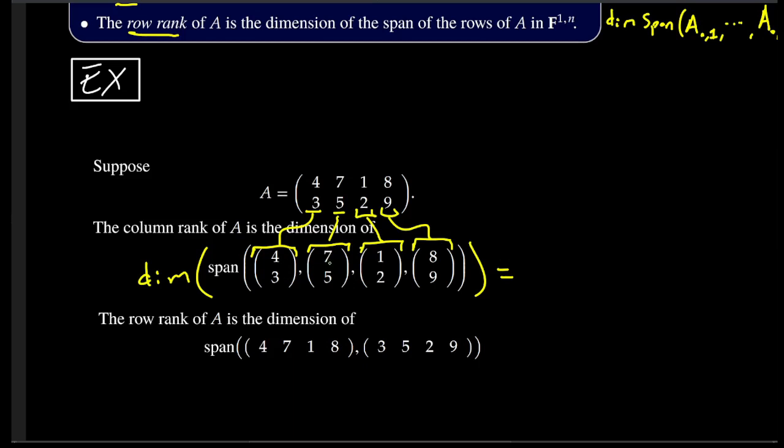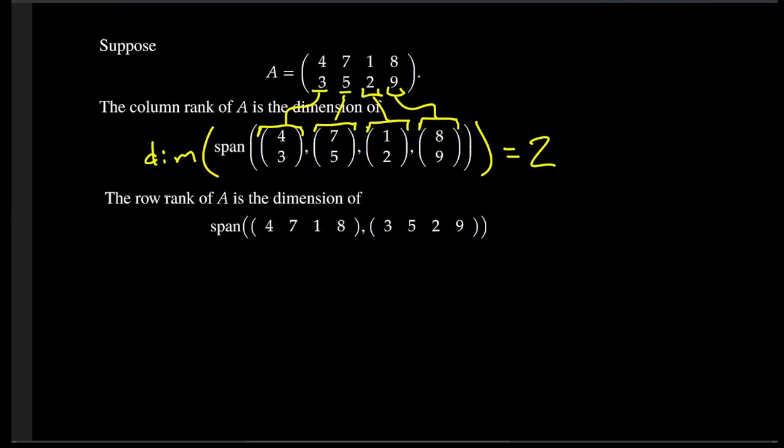We know that if you have a linearly independent list of the length of a basis, it is a basis. So this list contains a basis for F^(2,1). Hence, the dimension of its span is the dimension of F^(2,1). It's 2. Nice. Okay, similarly, row rank, take the dimension of the rows.